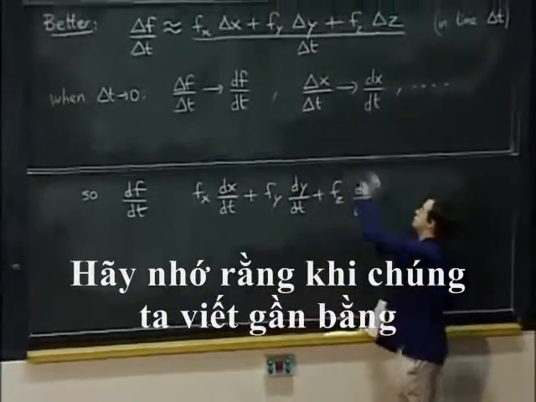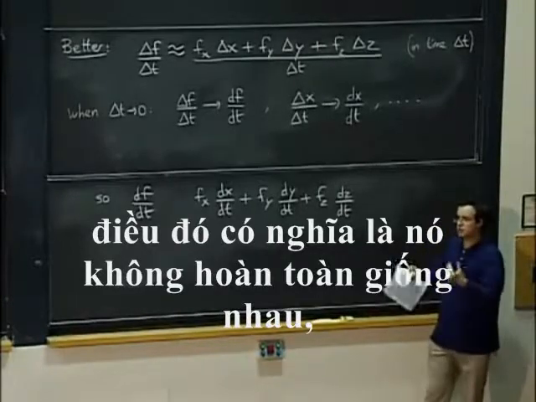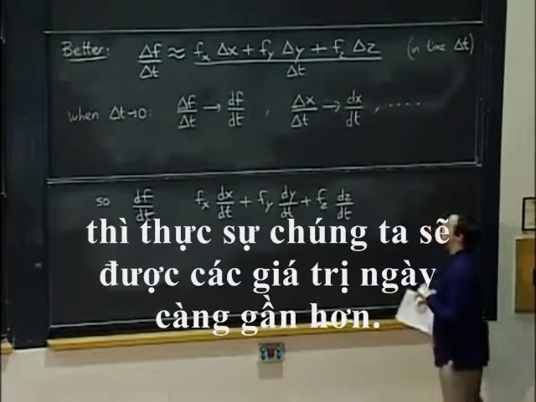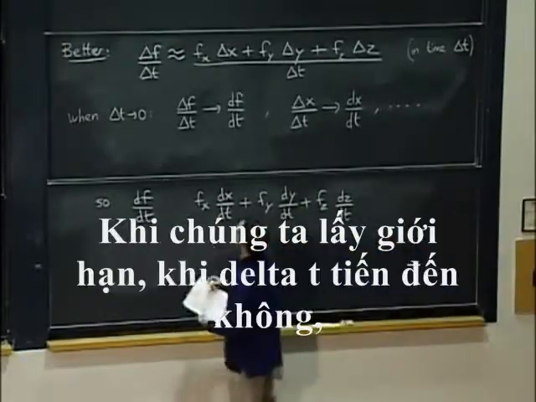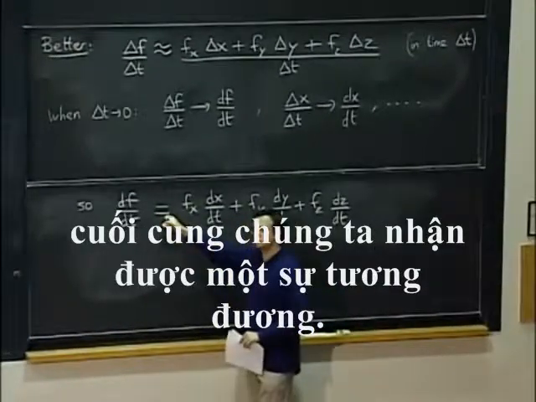Remember, when we write approximately equal, that means it's not quite the same, but if we take smaller and smaller variations, then we end up with values that are getting closer and closer. So when we take the limit as delta t tends to 0, eventually we get an equality.